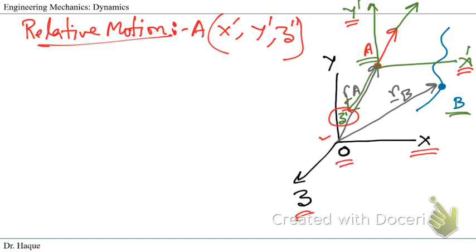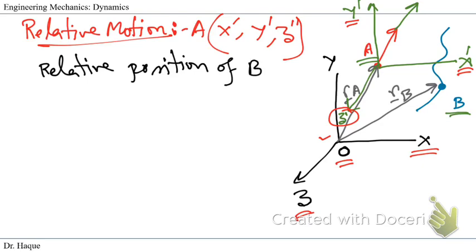Coming back to our question, how do we define the relative position of particle B with respect to A?